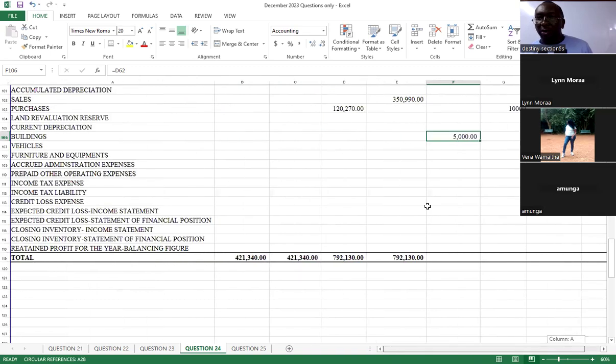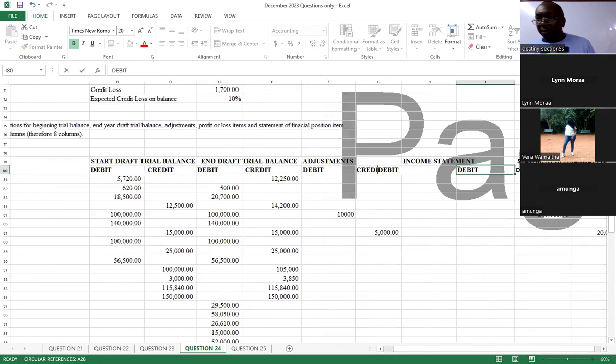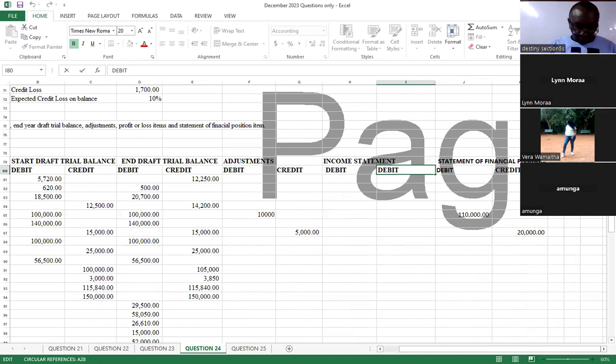So I need to know my income statement. Sorry, I had interchanged here. This should be the debit, and then this one should be credit.